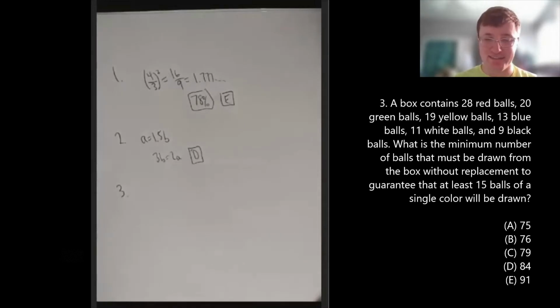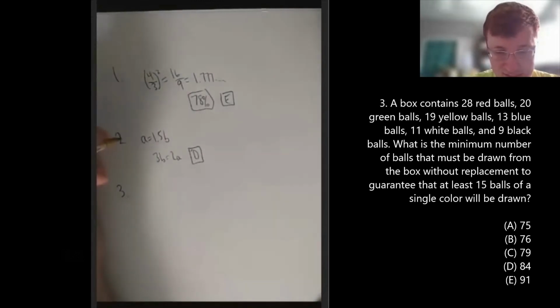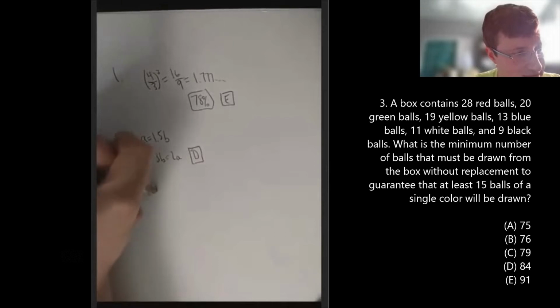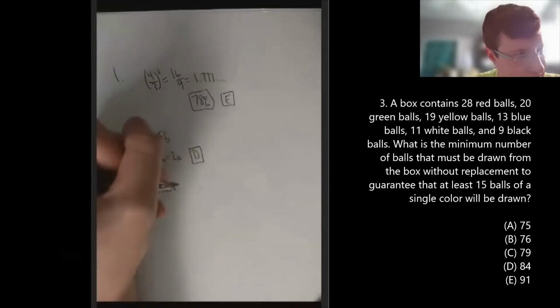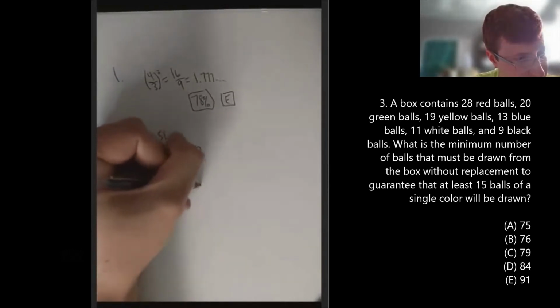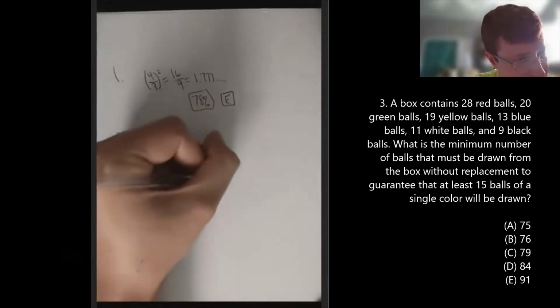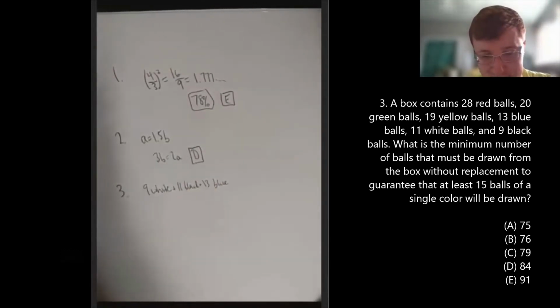Okay, so I think this is basically something like the pigeonhole principle. So I'm going to see what happens in the worst case scenario. Okay, so I can draw 9 blacks with 11 whites and 13 blues without doing anything. So 9 black plus 11 white plus 13 blue. And I can do all that and I'll never get 15 balls of a single color.